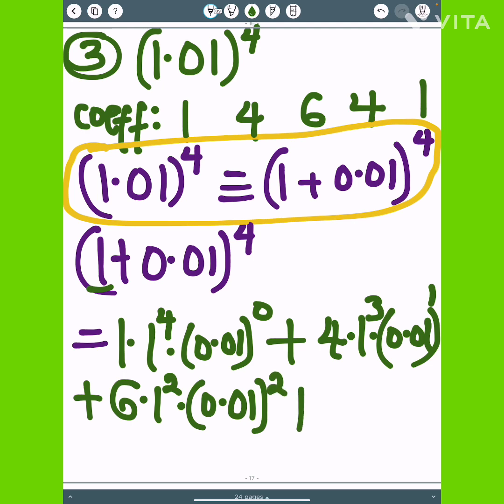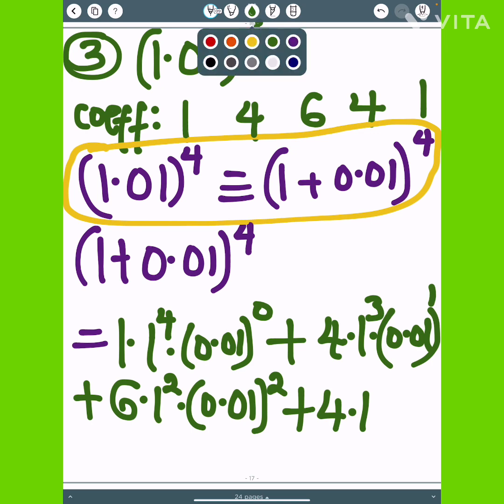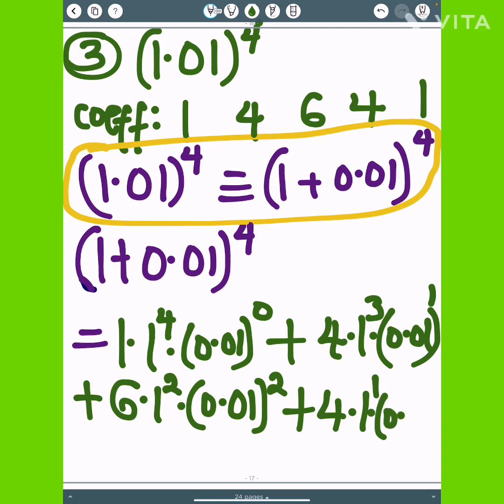2 also. Next, I'll write the next coefficient. For the fourth term, I'll write the next coefficient, 4, times, take 1, raise it to power 1, then take 0.01, raise it to power 3.